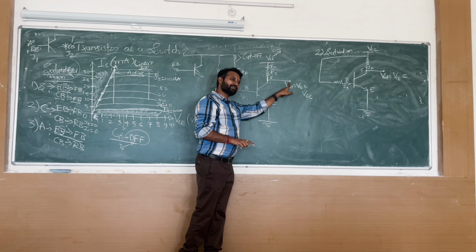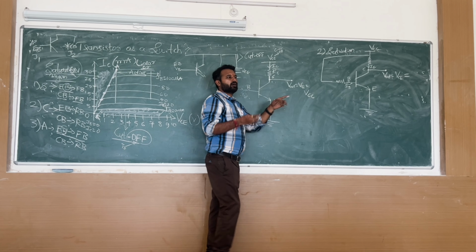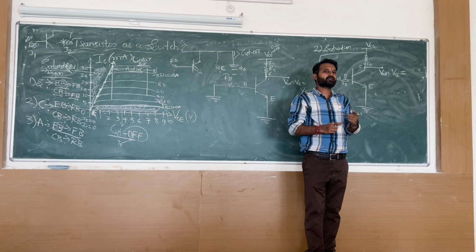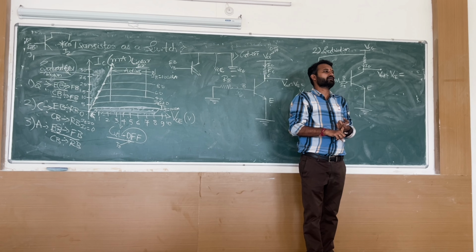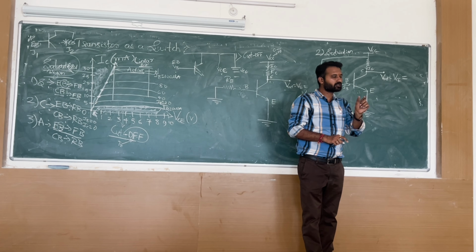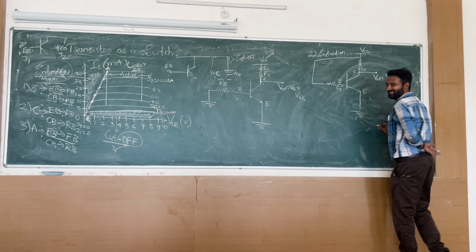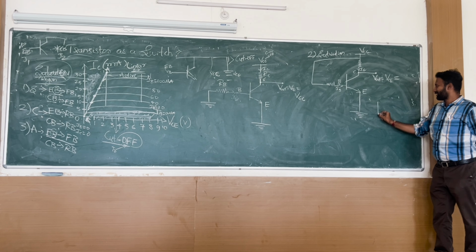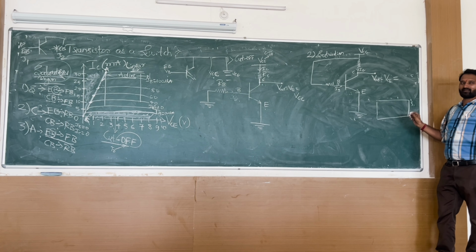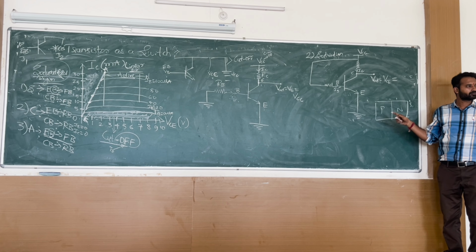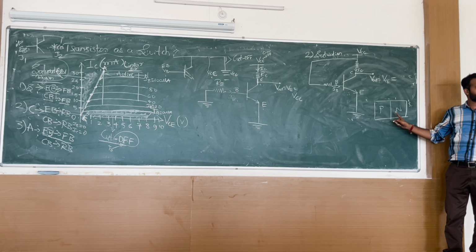As it is a reverse bias voltage, the depletion layer increases. Just recall PN junction diode under reverse bias operation. If you increase the reverse voltage, the depletion layer grows. What do you mean by depletion layer? If I write P and N, what is it? A PN junction diode.